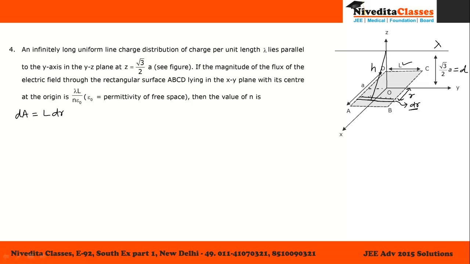This h we can calculate easily using the Pythagoras theorem. Since the wire is at a distance of h from this elemental area, the electric field due to the wire will be equal to lambda divided by 2 pi epsilon naught h.